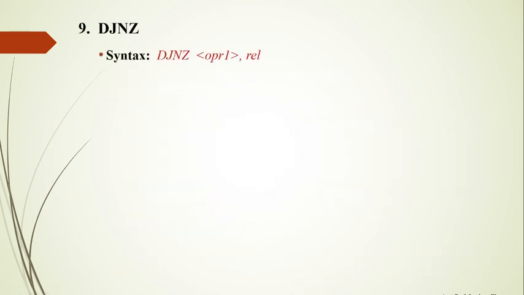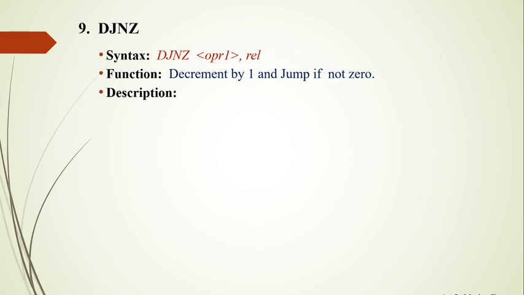DJNZ. Syntax is decrement jump if not 0. So DJNZ operand 1 and relative address. So this instruction decrements the operand that is given by 1, and jumps if that is not 0 to the relative address. This instruction uses an 8-bit address to jump.